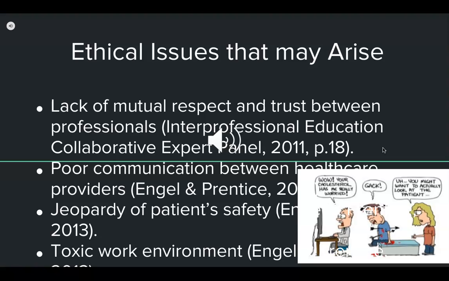Mutual respect and trust are important for an effective collaboration to happen. It is important for each healthcare professional to honor the diversity and expertise that may be present in the team.